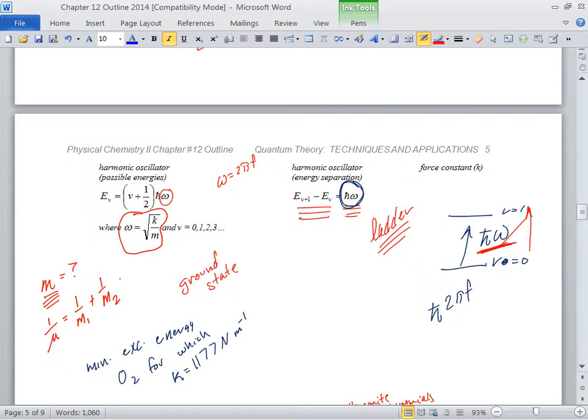So how do we get little m1 and little m2? We don't know what the isotope is, but it's definitely oxygen atoms. So m1 is an oxygen atom, and m2 is an oxygen atom.